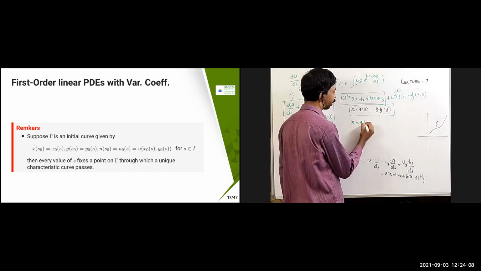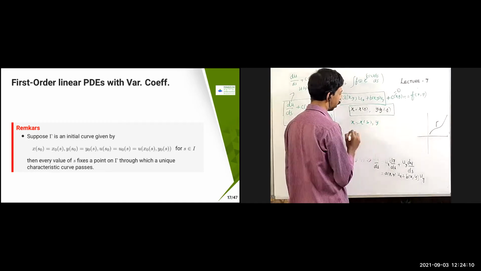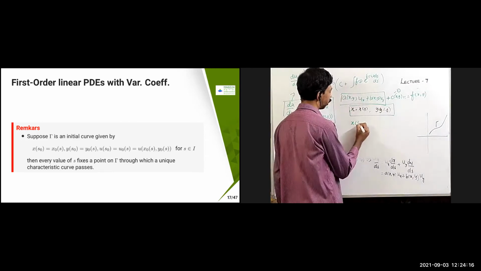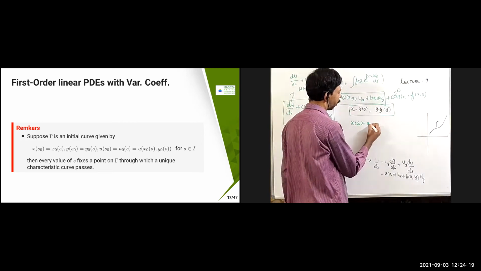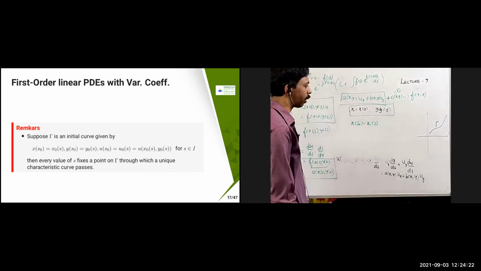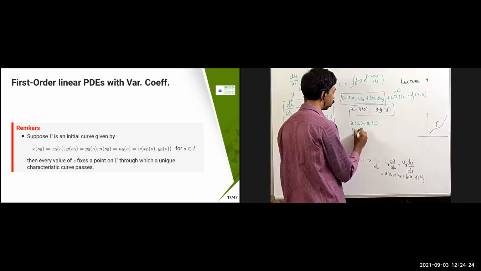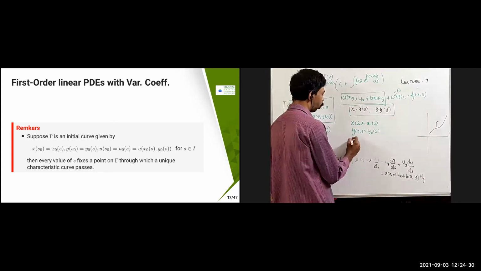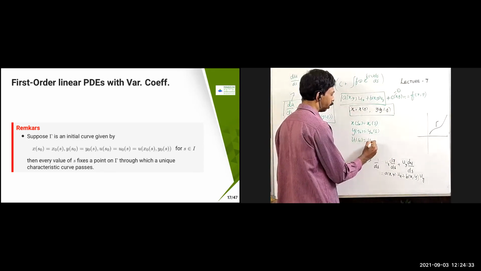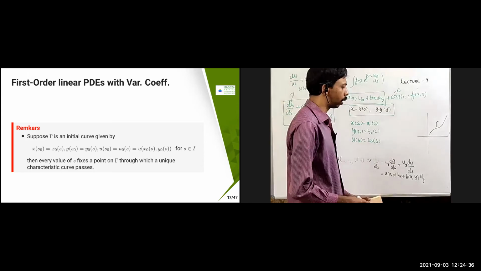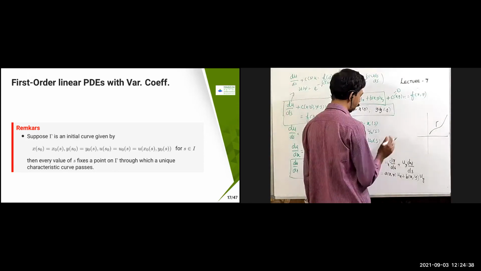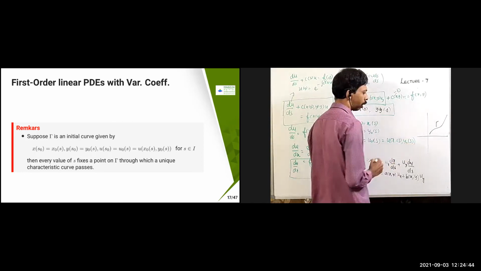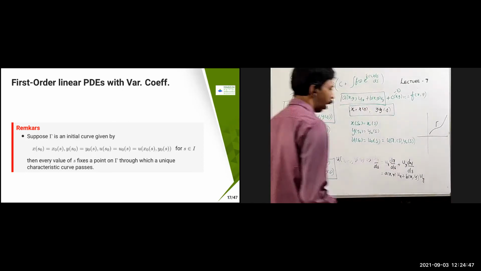Suppose I have given x of s naught equal to x naught of s and y of s naught equal to y naught of s, some curve I'm giving, and another condition u of s naught equal to u naught of s I have given. This I can write as u of x naught of s, y naught of s, which I have given for some s in some interval.